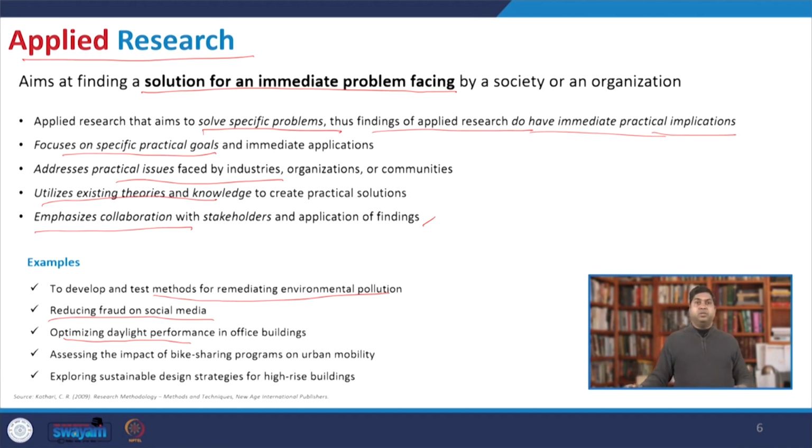You just need to unlock a cycle available at the cycle stand through an application, and then you can use it by paying some tariff. So there also we can see how it can help. Exploring sustainable design strategies for high-rise buildings. This is again from my architectural background that I quoted this particular example.